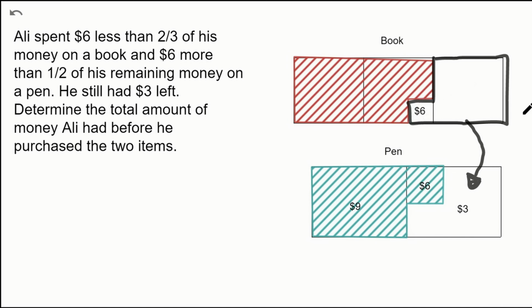So, if the unshaded area of the first diagram represents $18, we also know that this area is the $6 plus 1/3 of the rectangle, meaning the 1/3 must be $12, as 18 minus 6 is 12.